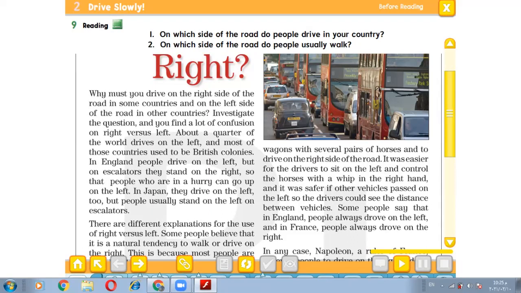In Japan, they drive on the left too, but people usually stand on the left on escalators. Thank you, Muhammad.